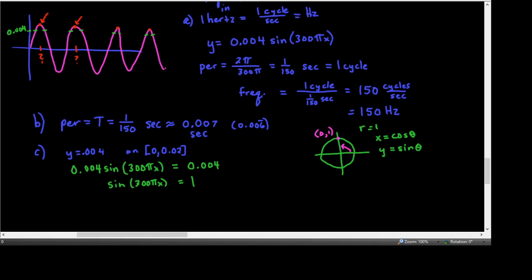Okay? So that happens when the argument 300 pi x is equal to pi over 2, and anything coterminal with it. So plus 2 pi n.